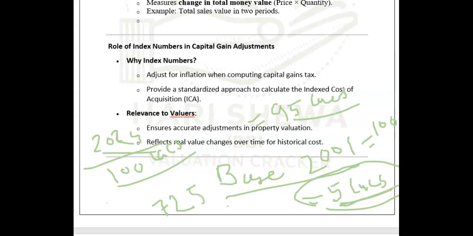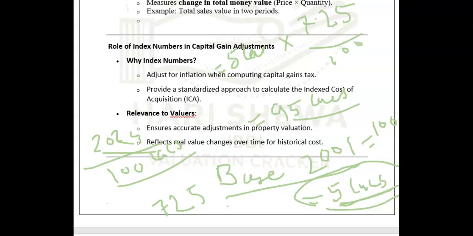So this 5 lakhs amount changes: 5 lakhs into 7.25, the index number 725 divided by 100.